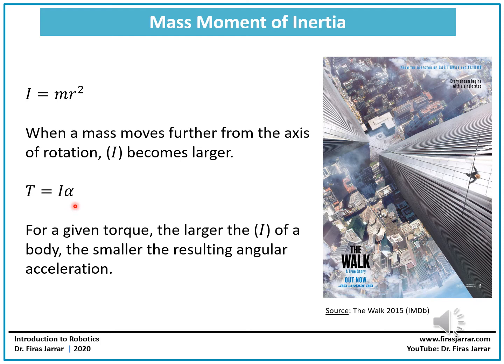A similar trick is also applied in figure skating, because when they spread their arms, they are increasing their mass moment of inertia, and when they tuck their arms in, what they are really doing is reducing their mass moment of inertia.